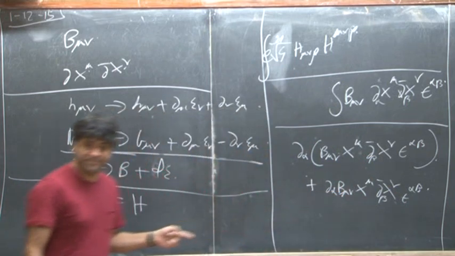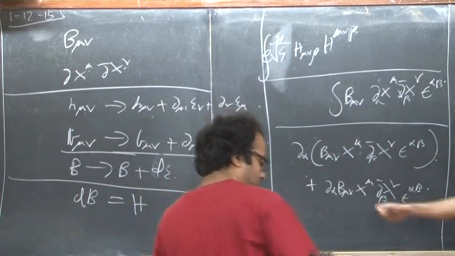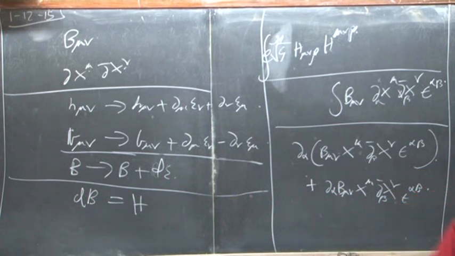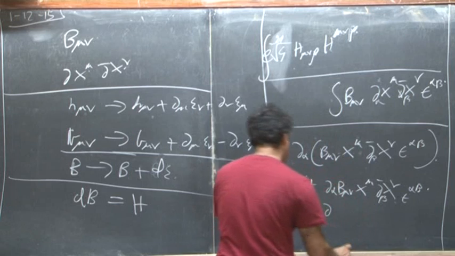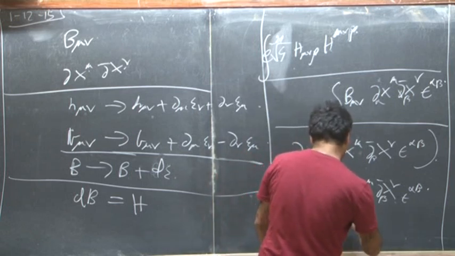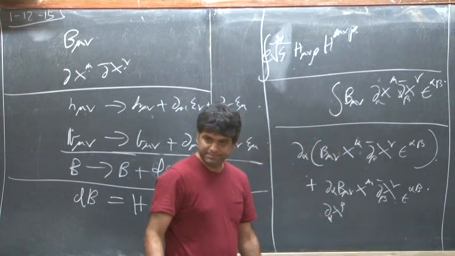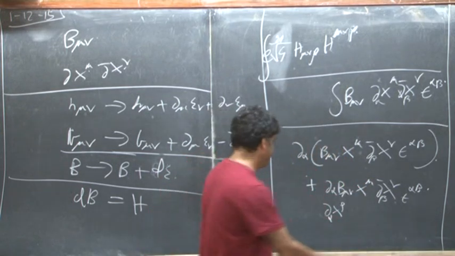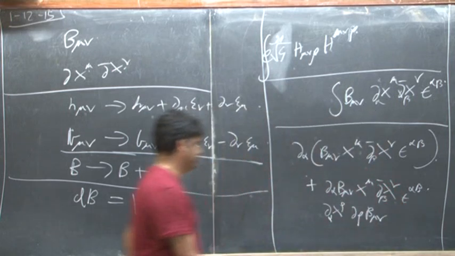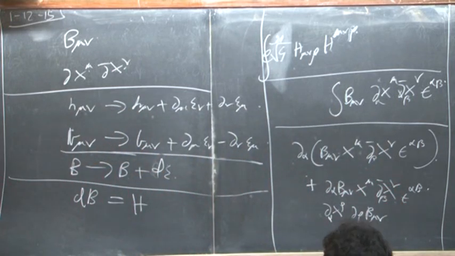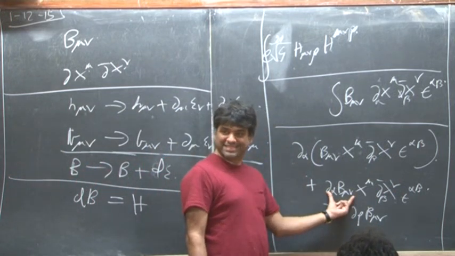But more generally, if B is not a constant, what is this? Well, we can use the chain rule to get del alpha x rho times del rho B mu nu. What is that? Okay. This B depends on x.